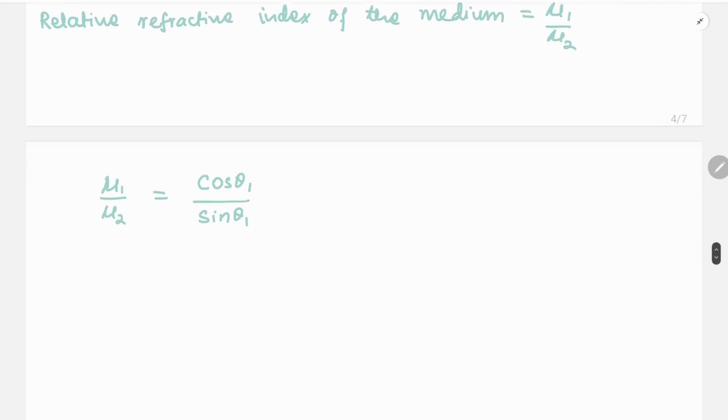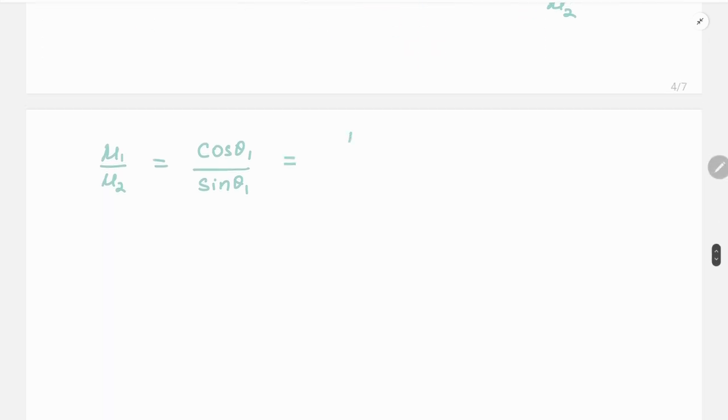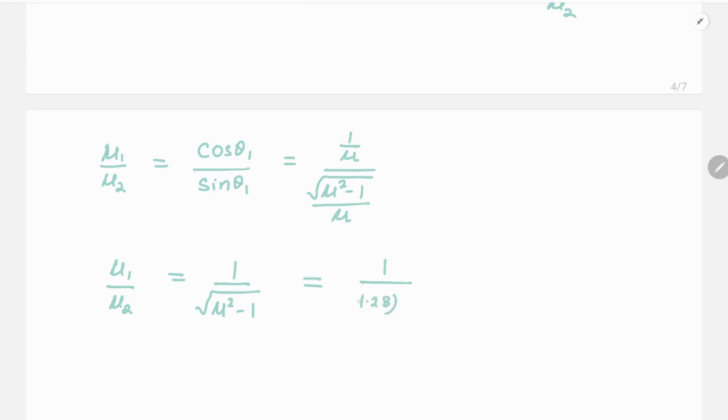If it is equal to 1 by mu, then the value of sin theta 1 can be written as the square root of mu square minus 1, divided by mu. So it is convenient to say that mu1 by mu2 can be written as 1 upon the square root of mu square minus 1. If we substitute the value, 1 upon the square root of 1.28 square minus 1, then on solving we obtain 1.25.